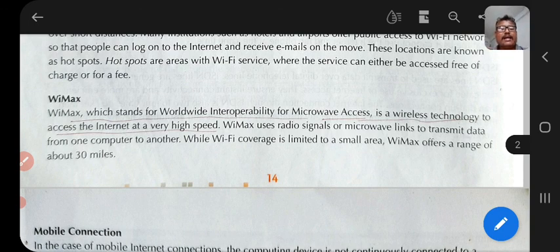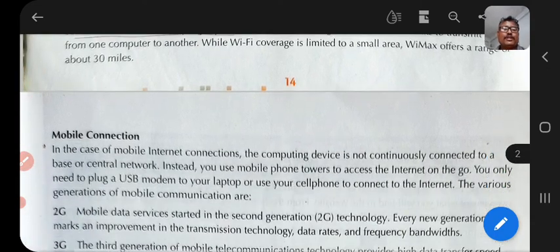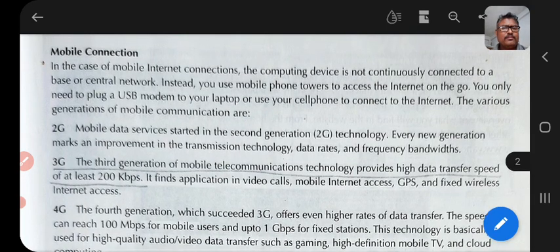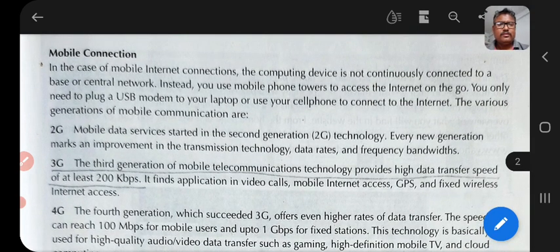So next is mobile connection, which you are already using. With mobile connections, those having smartphones are using the internet, and even the students are having online classes now. We are going to discuss which generation of mobile internet we are using on this topic now. So let's start.